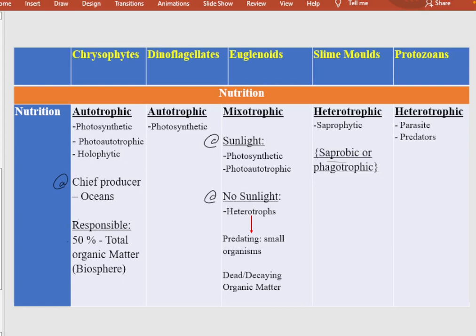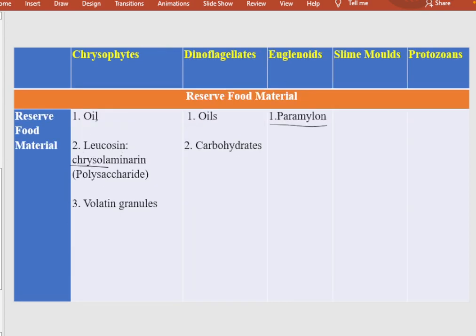After this point, reserve food material. It is not mentioned in the NCERT. Just listen. Oil, leucosin in chrysophytes, chrysolaminarin. If any option is there, chrysolaminarin, volutin granules, oil and carbohydrate. Here the important one: Euglena has paramylon.